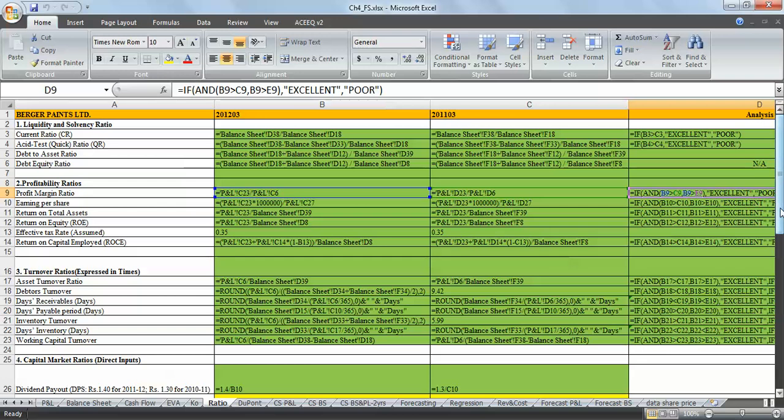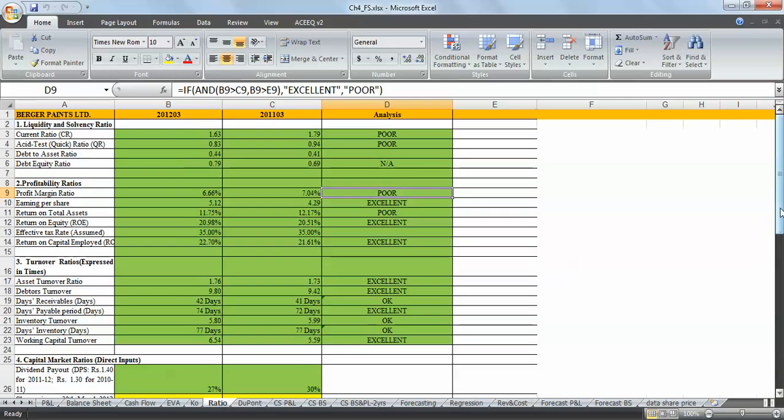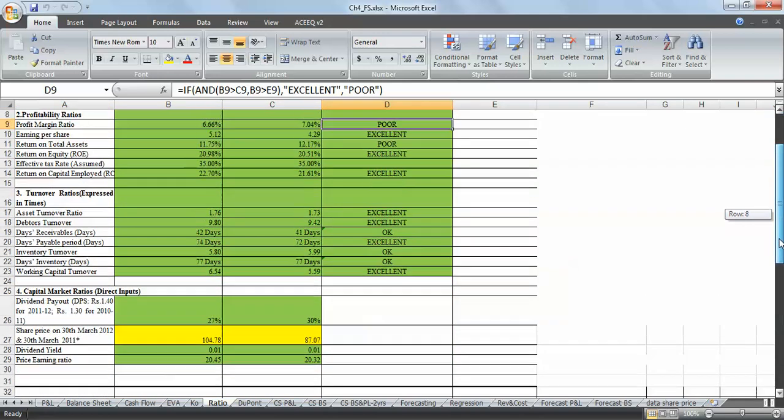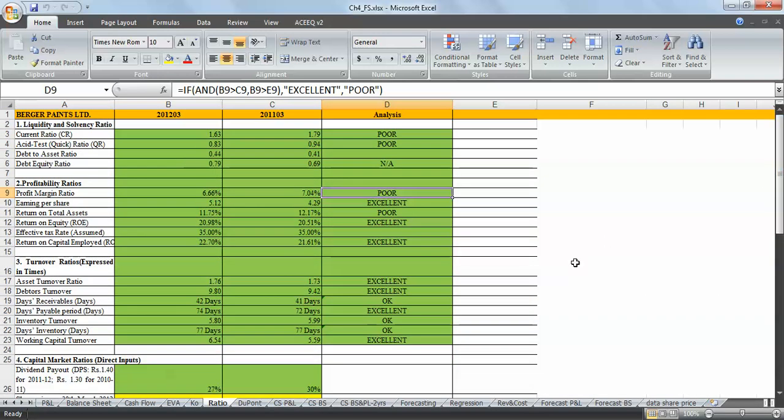Again, you click control and you will come back to the previous values. So, this is the way you can calculate the ratios using Microsoft Excel. Thank you.